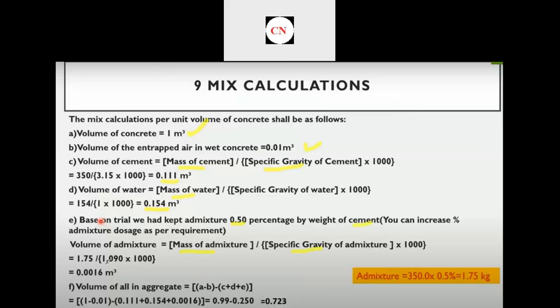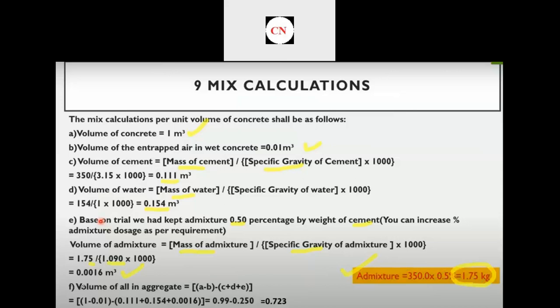The admixture mass is 350 kg, the cement's mass, into 0.5%, so 1.75 kg. 1.75 kg divided by its specific gravity into 1 by 1000 gives 0.0016 meter cube.